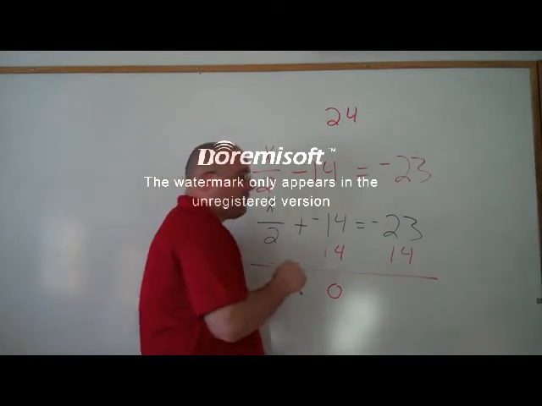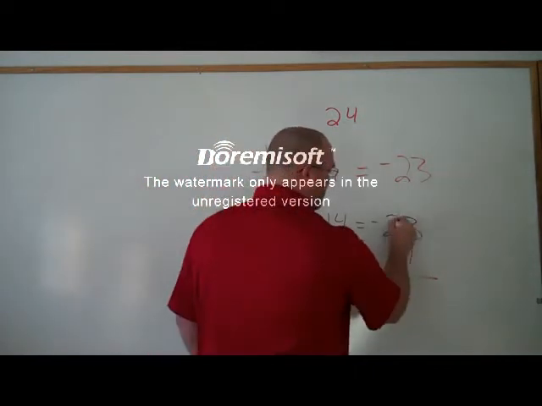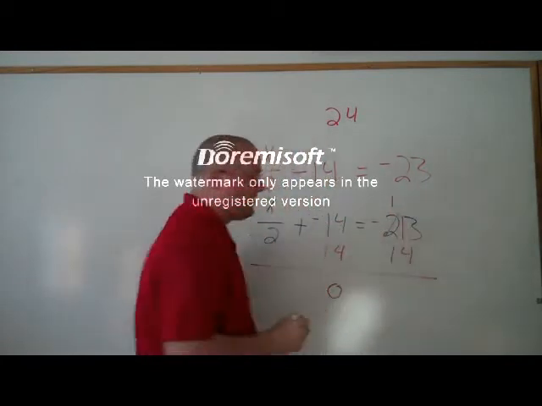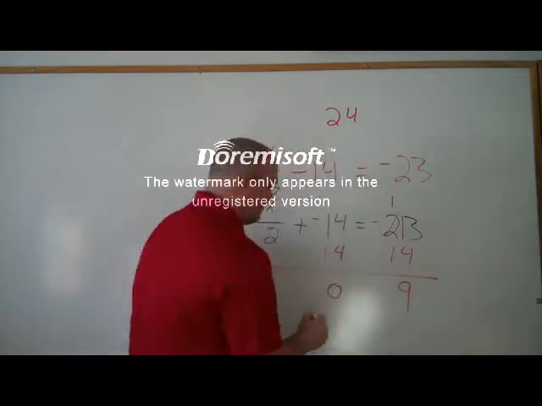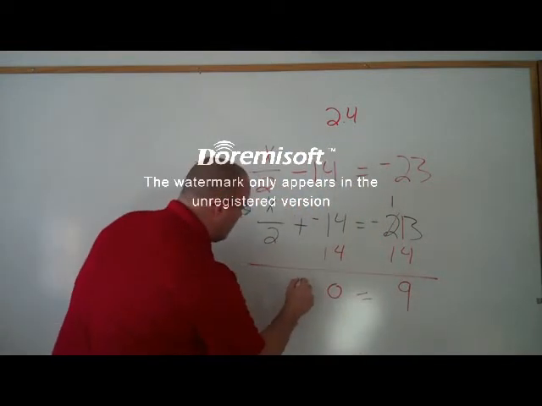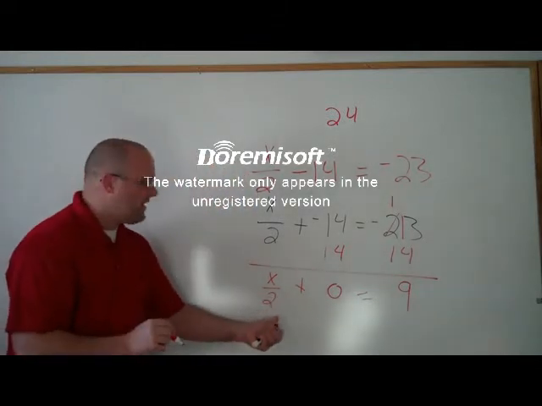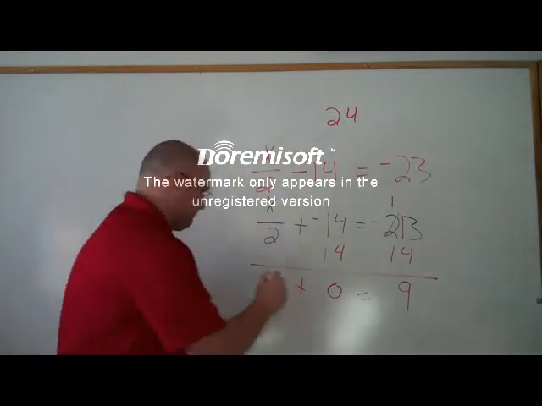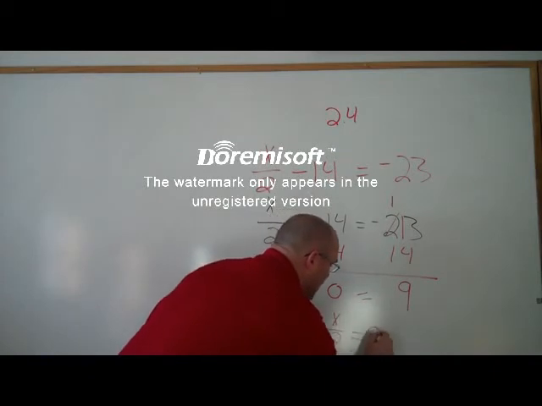The difference of 23 and 14, do your math, is 9, equals plus x over 2. X divided by 2 plus 0 is what? X over 2 equals 9.